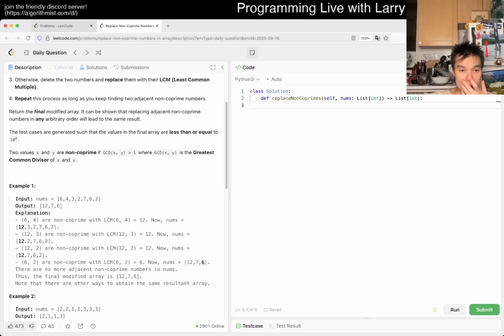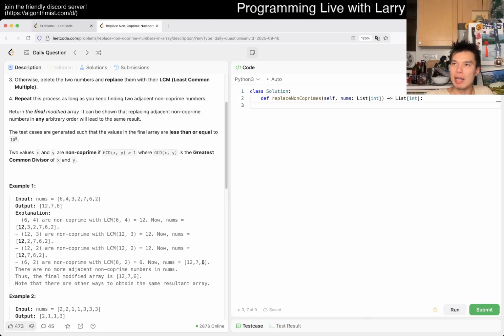And so I think that's basically the idea that we want to do. Maybe we would say for every divisor equal to 2, if there are multiple numbers, we combine them, right? And then we just keep on going.